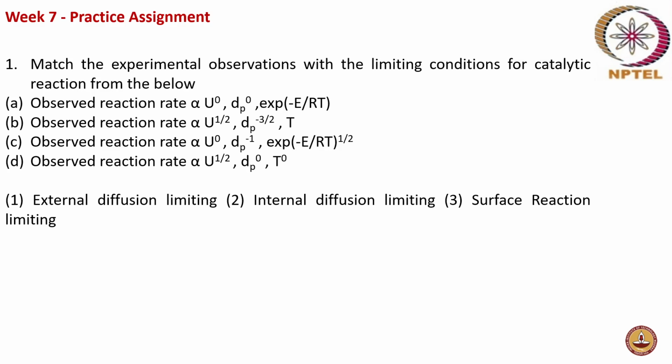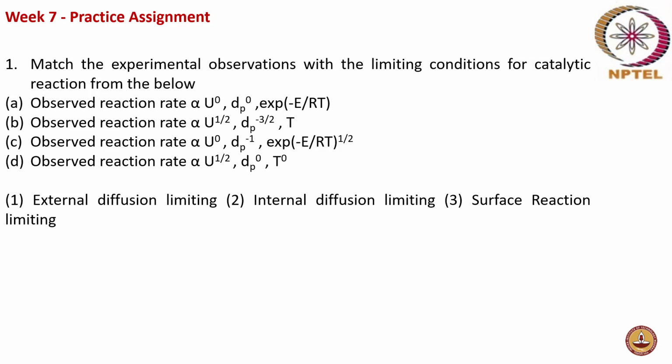Option B: observed reaction rate is proportional to square root of the superficial velocity, diameter of the particle to the power of minus 3 by 2, and a linear relationship with temperature.